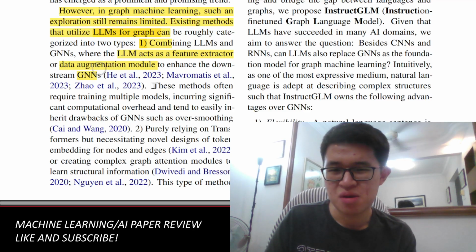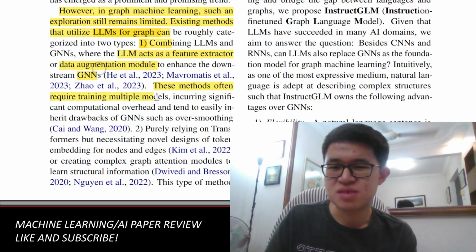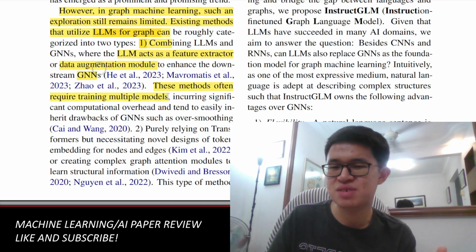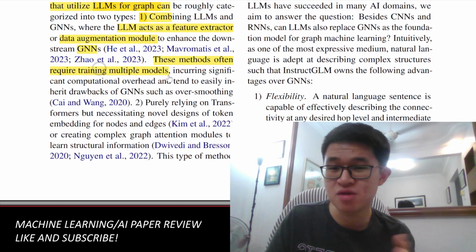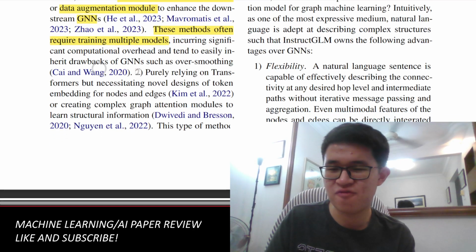Okay, but obviously this requires us to train a lot of models, and it's quite annoying, right? And it's expensive.